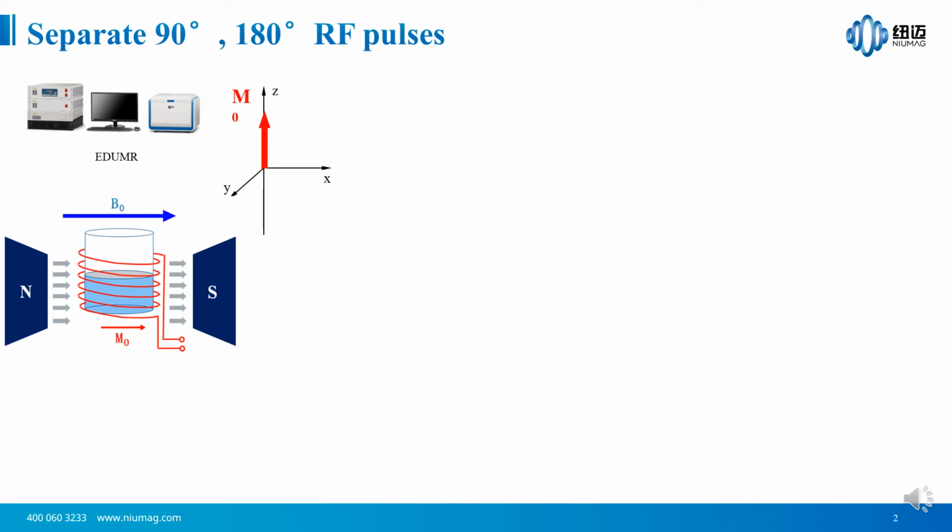At this time, we apply a 90-degree RF pulse. Then the longitudinal magnetization vector will be deflected by 90 degrees to form a transverse magnetization vector in the xy plane, denoted by MXY.